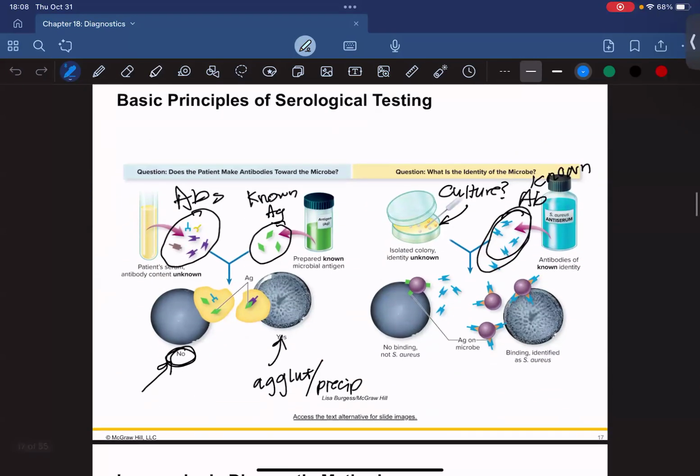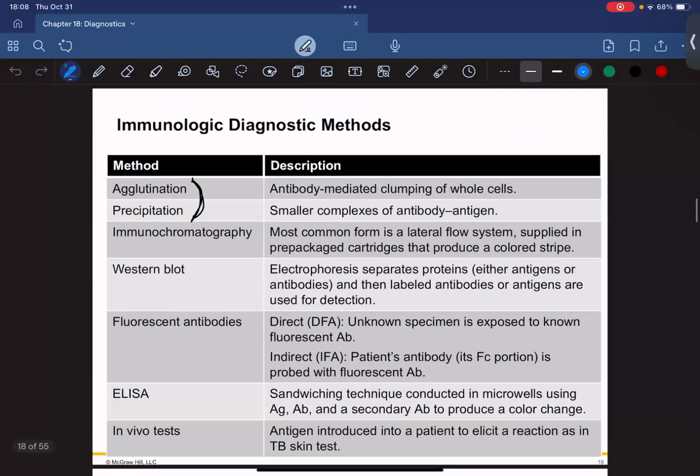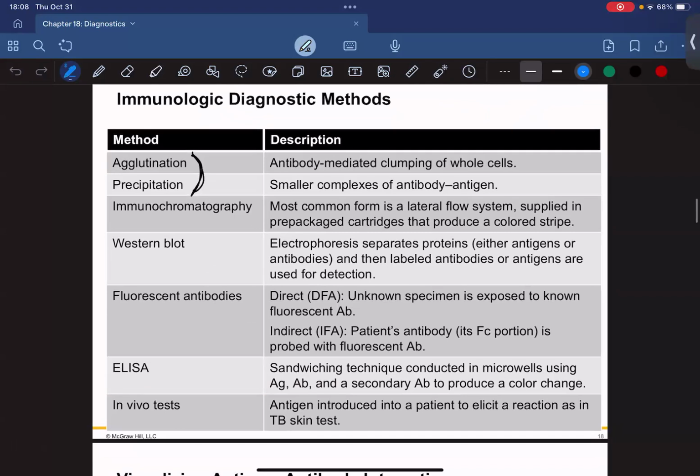So the whole idea is getting those antibody-antigen interactions, getting either the antibody from the patient and looking for the reaction, or getting the antigen from the patient and getting the reaction. Either way, whether you're testing for that patient having the antibody or the antigen, you have to have the known other side of it to do the testing. So agglutination and precipitation are two ways that we can look for a reaction.